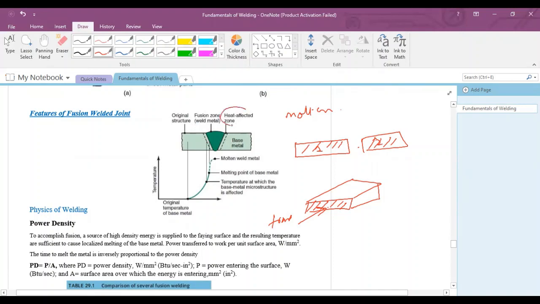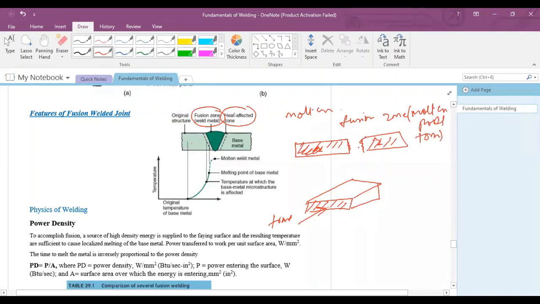One is the heat affected zone, another is the fusion zone, and one is the original structure. Original structure means the structure before welding, or the structure where no weld is formed. During welding, this surface and this surface will melt and form a fusion zone. Fusion zone means a molten pool will form here.